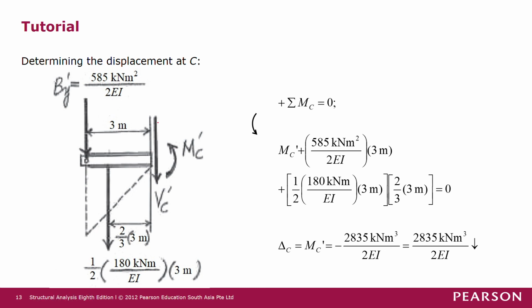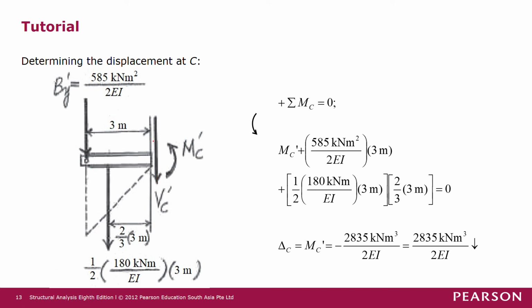And then for the shear force at C prime, we have shear force in this direction as positive shear force, and then bending moment in this direction as positive bending moment for the MC prime. And also the shear force is BC prime downward.